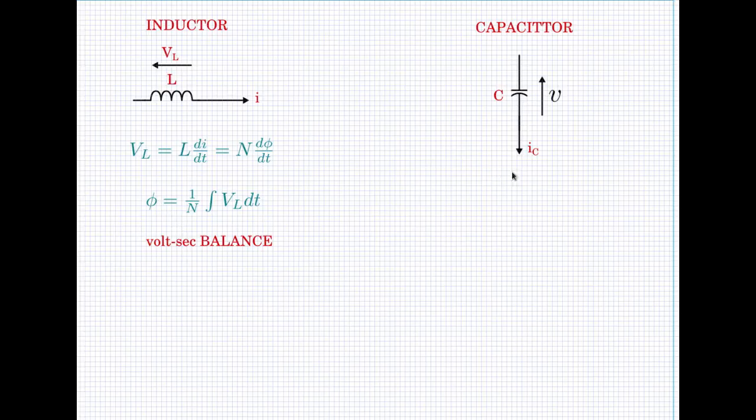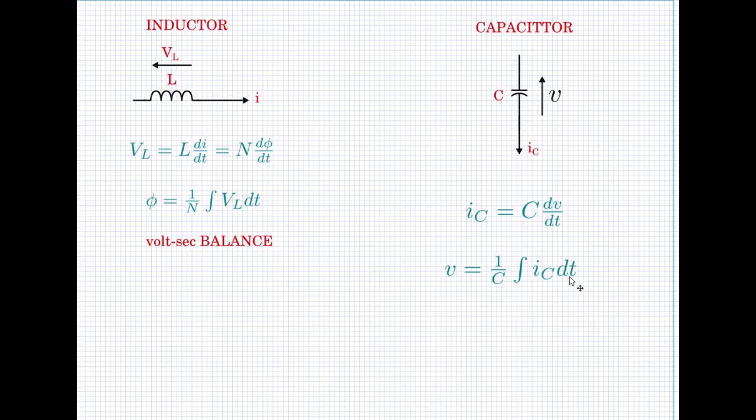Likewise, in the capacitance, the governing equation is IC equals C dV by dt, where dV is the voltage across the capacitance and IC is the current through the capacitance. Rearranging this, you will get the voltage across the capacitance, which is 1 by C integral of IC dt. Imagine there is an average current, which means there will be some equivalent DC value.